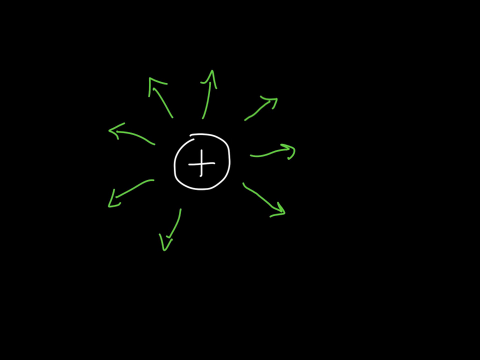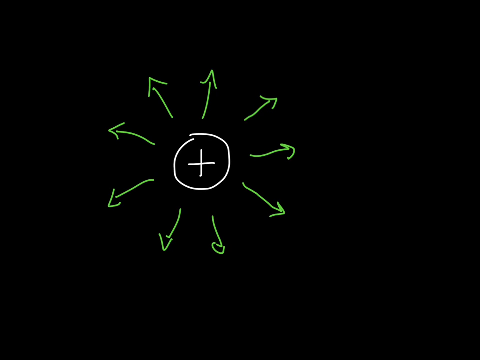So right here at this spot, there is a force pointing that direction. And if I place my test charge here, then I'm going to get a force in this direction. And if you do that all the way around your charge, you end up with a bunch of little arrows showing that I'm going to be pushed in all directions away from my positive charge.